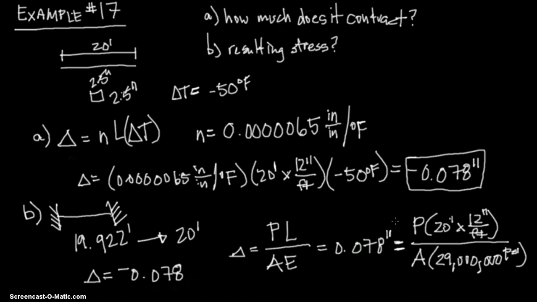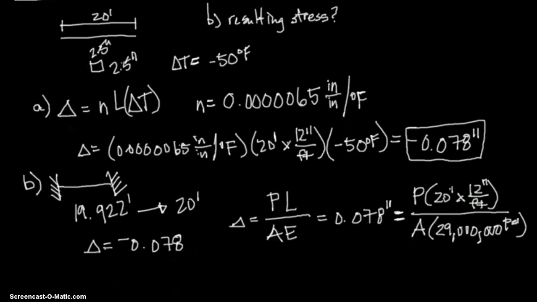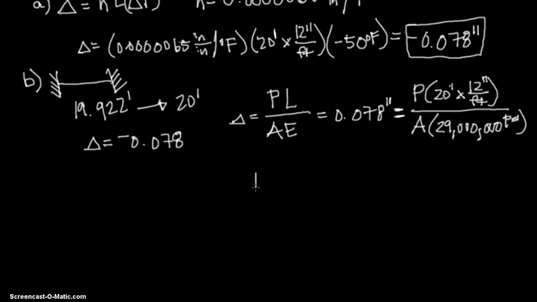And let's run that through the equation. Let's solve for stress, which is also P over A. So P over A equals, well, you want to divide by that and multiply by 29 million. So you have 0.078 inches, and you're multiplying it by 29 million PSI.